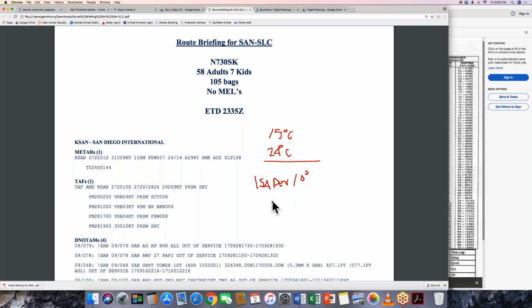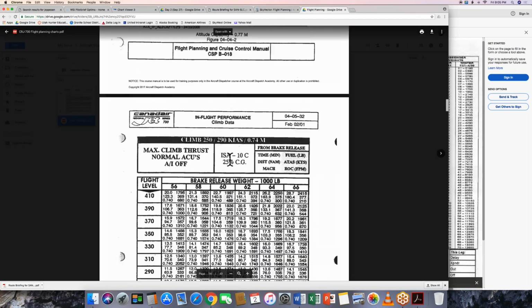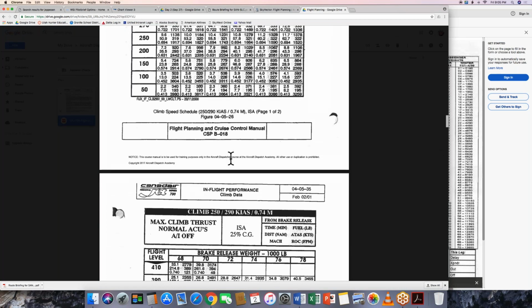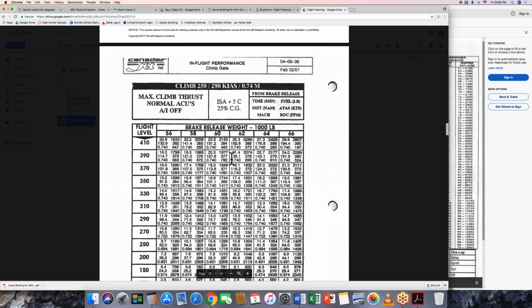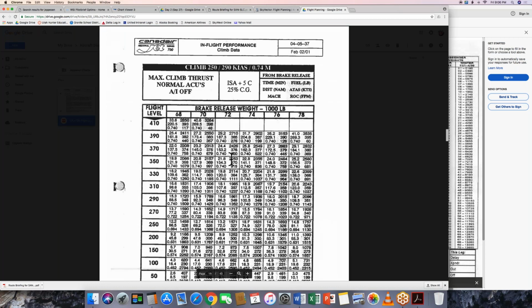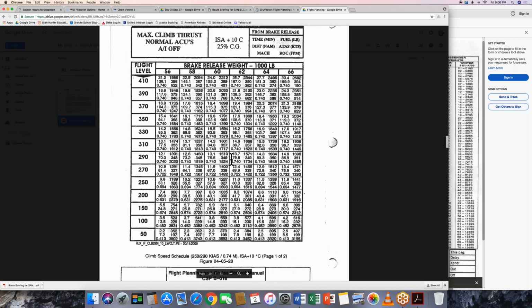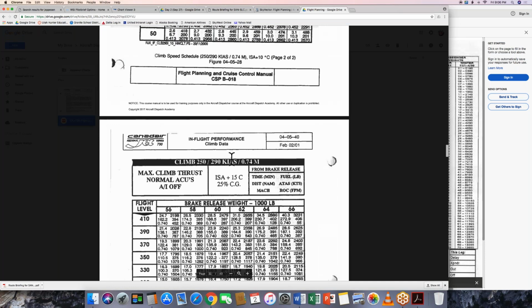We go 5, 10, 20 on our ISA deviation. You don't do 15? I'm pretty sure we don't have a 15 chart. Let's take a quick look here. There's ISA plus 5, ISA plus 10, and it'll go all the way to 20.